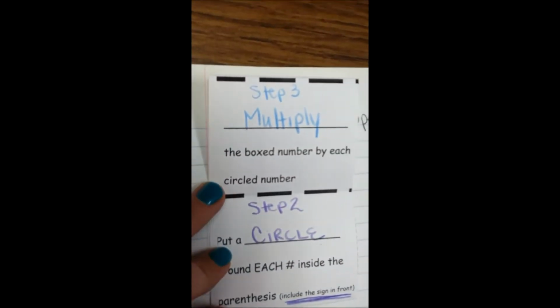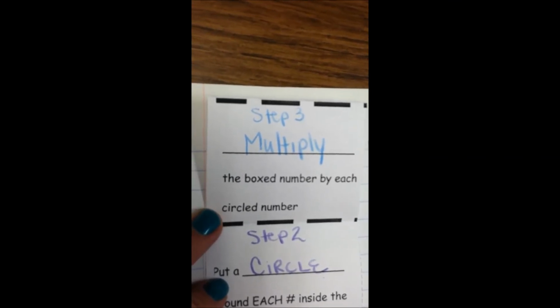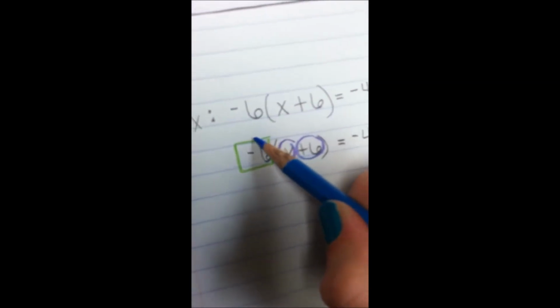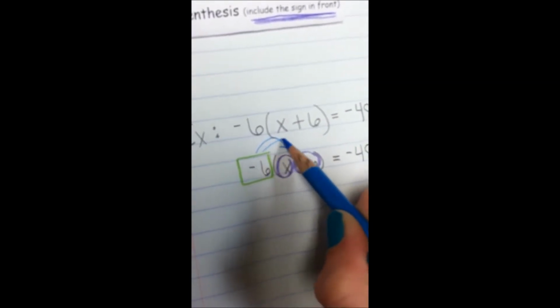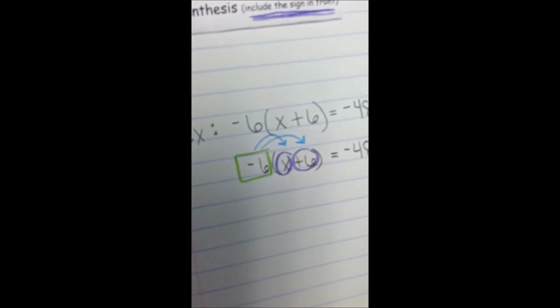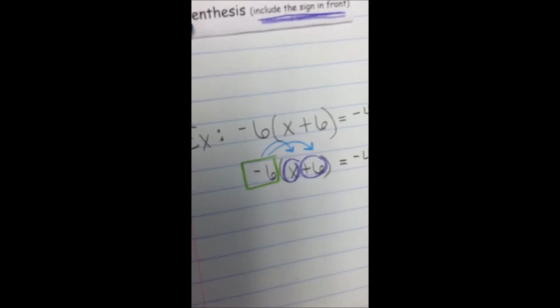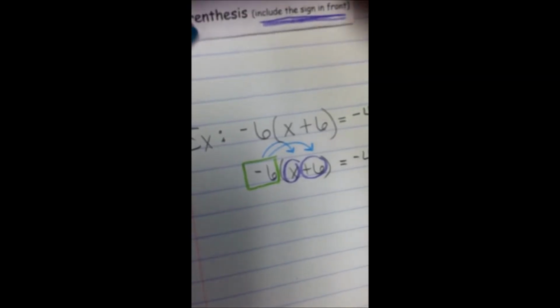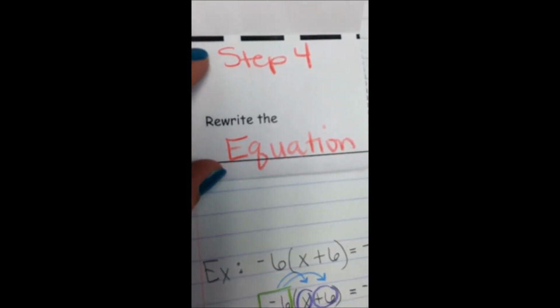Step 3 is to multiply the boxed number by each circled number. So this is the part where you're going to take the -6 times the x, and then the -6 times the +6. Okay? And then step 4, rewrite the equation.